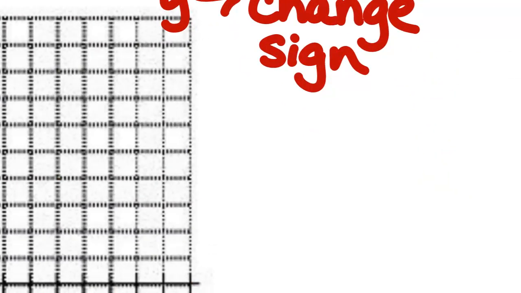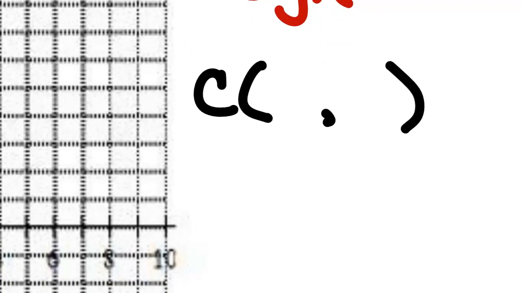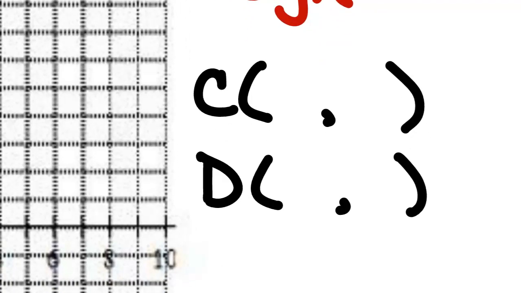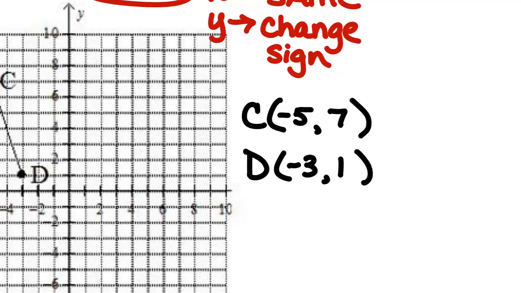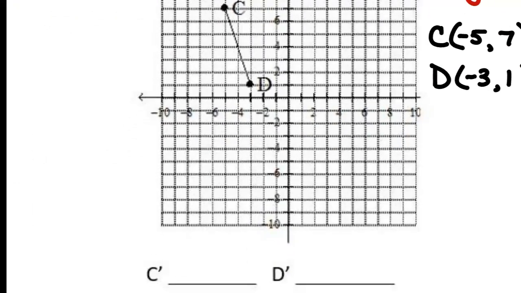So let's name these ordered pairs. I have point C and point D. Point C is over here at -5, 7. And point D is down at -3, 1. Since we are reflecting over the x-axis, my x's are going to stay the same.